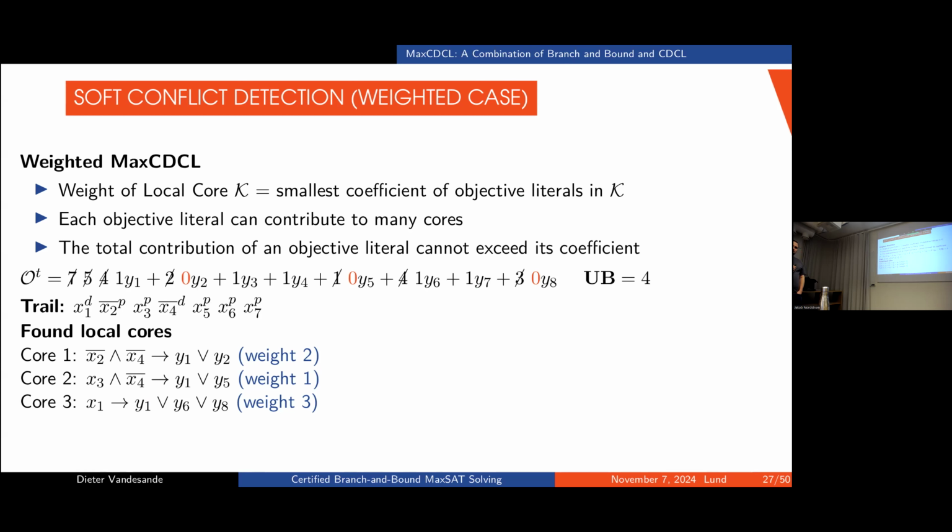In general, you can view the lower bound that core-guided search computes, based on the cores it has found, as follows: those cores are chosen in such a way that the core weights will actually be an optimal solution to the dual.